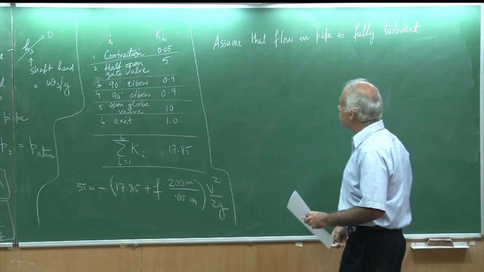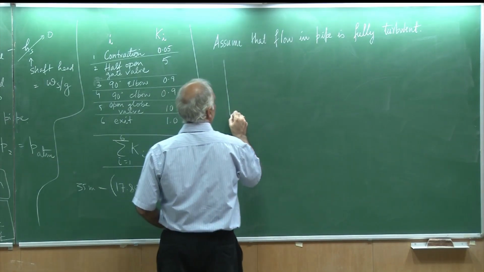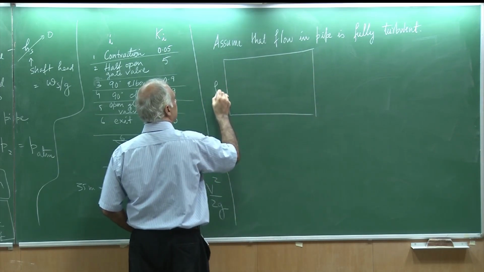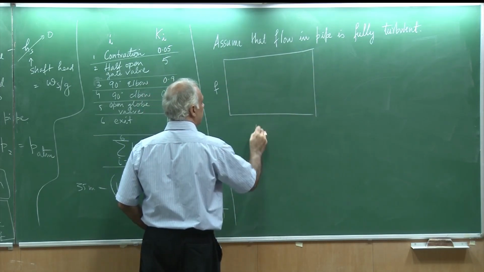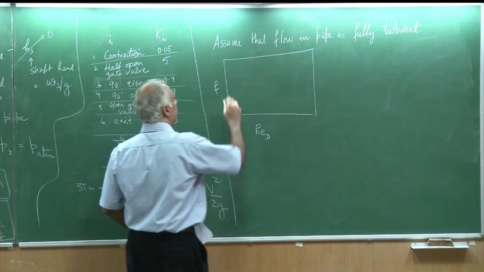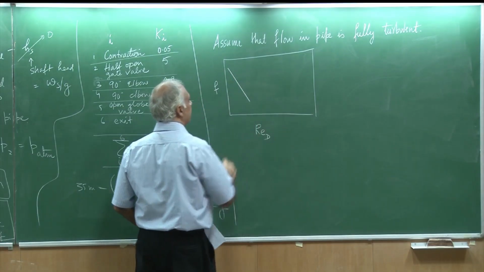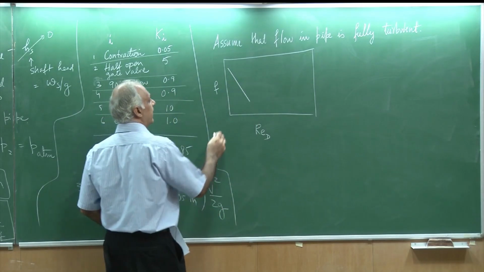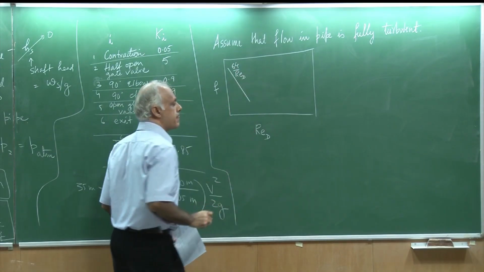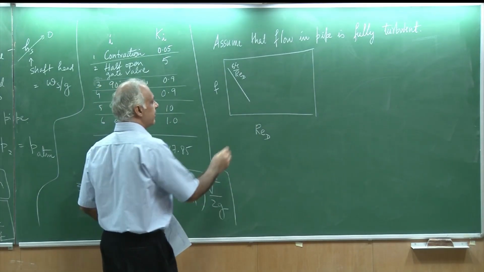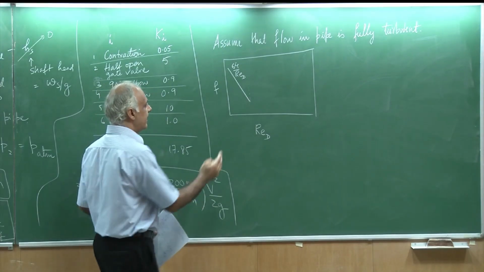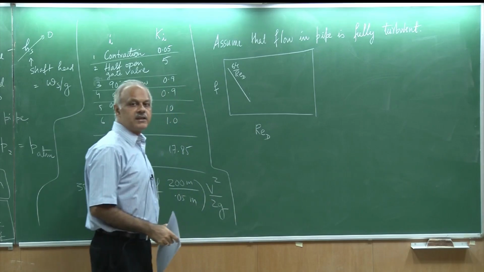Now let me recall the Moody chart for you. This is how we had shown it in the last class. This is the friction factor, and this is the Reynolds number through the pipe. Of course, we had the laminar regime, where f was given as 64 by Re d. Then somewhere here the flow transitions to a turbulent state, and at a large Re it becomes fully turbulent.